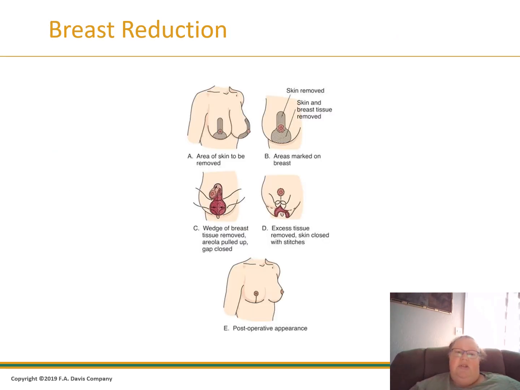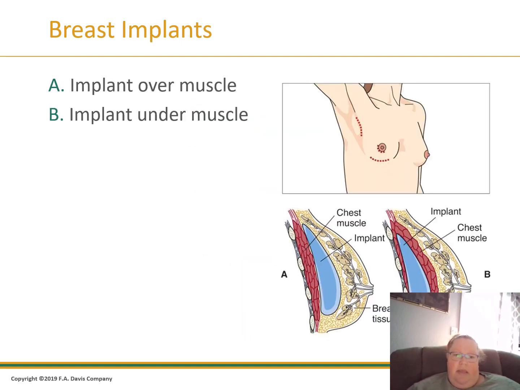Breast reduction is often done to decrease back pain and shoulder pain. Some women have very large breasts, and it helps reduce that strain on their shoulders and back. Implants, there's two different types. There's one that goes over the muscle and one that goes under the muscle.